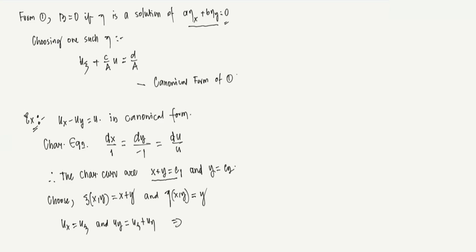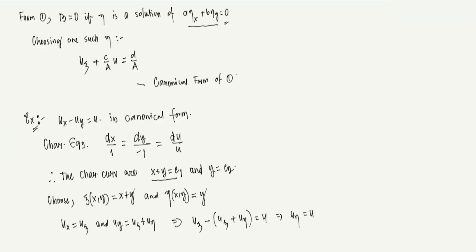And therefore, the equation which you are going to get, the canonical form, is u_xi minus uy, where uy is u_xi plus u_eta. So this equals u. That will actually give you minus u_eta equals u.